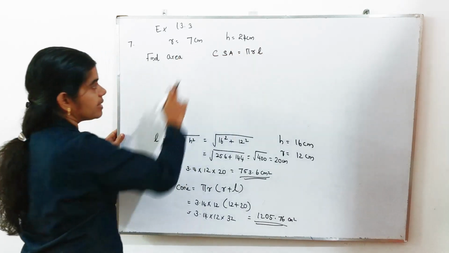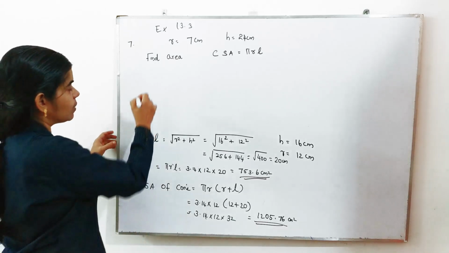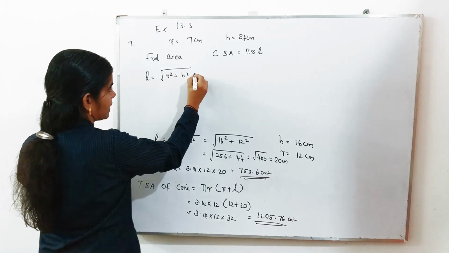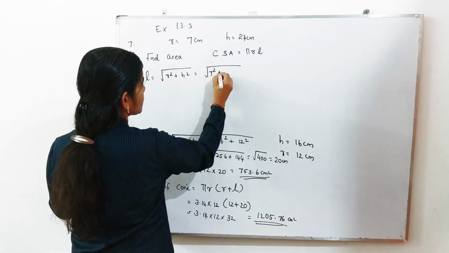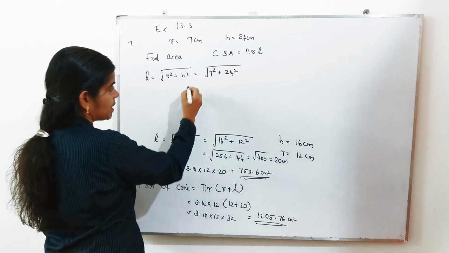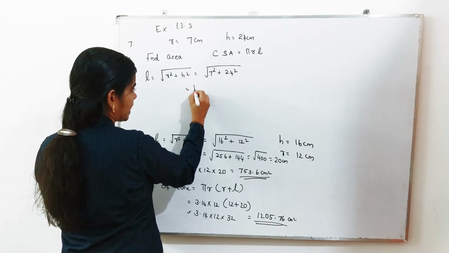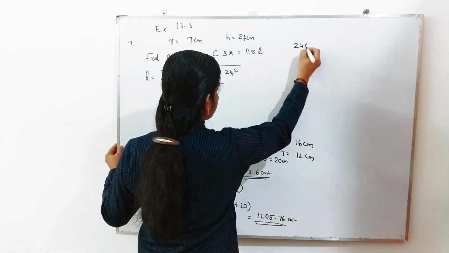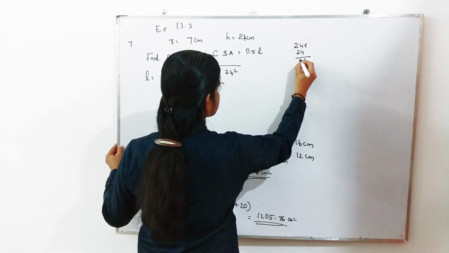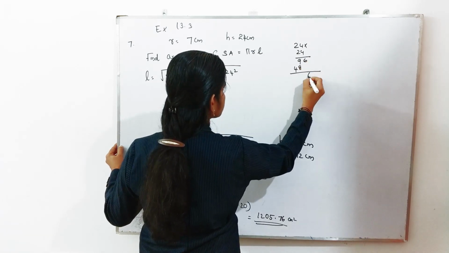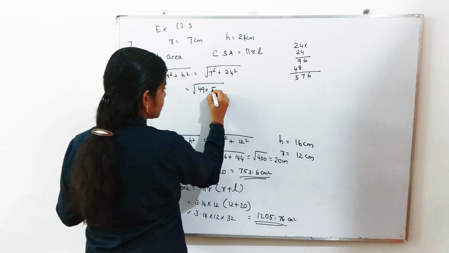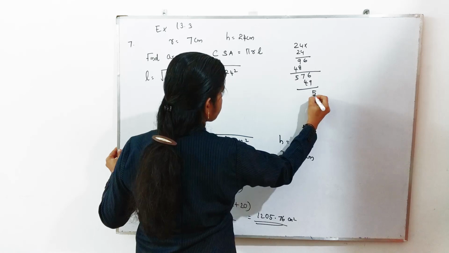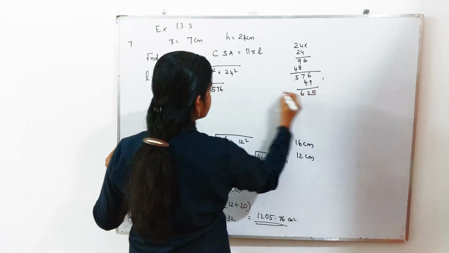But r and h only are given. First you want to find the value of L. L is equal to root of r square plus h square, that is 7 square plus 24 square. 7 square means 49 plus 24 into 24, that is 576. 576 plus 49 is 625.